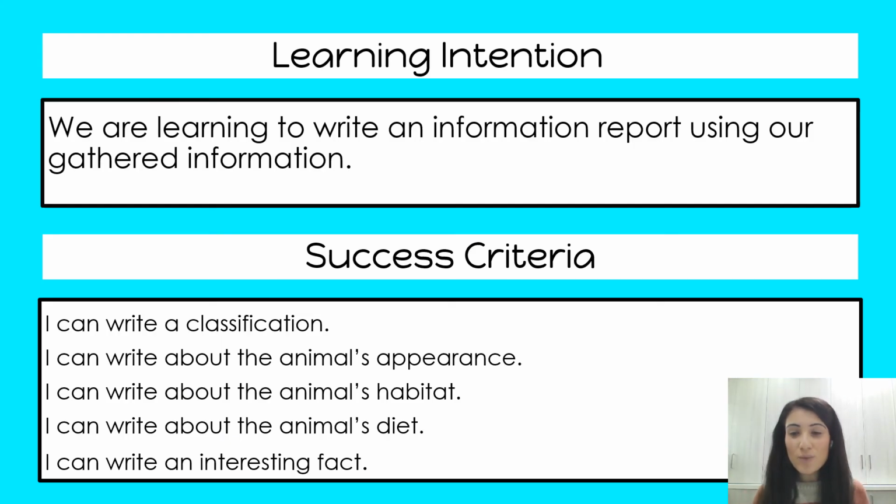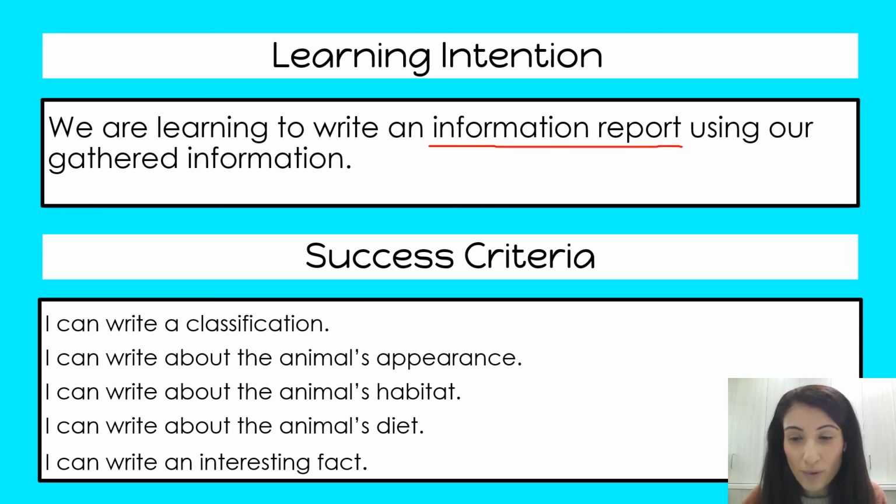All right, now that we're done with our lesson today, let's go back and reflect on our learning intention and success criteria. We are learning to write an information report using our gathered information. Yes, we did write an information report. We looked back at our gathering information chart to find the information we needed to put in our report. Success criteria.